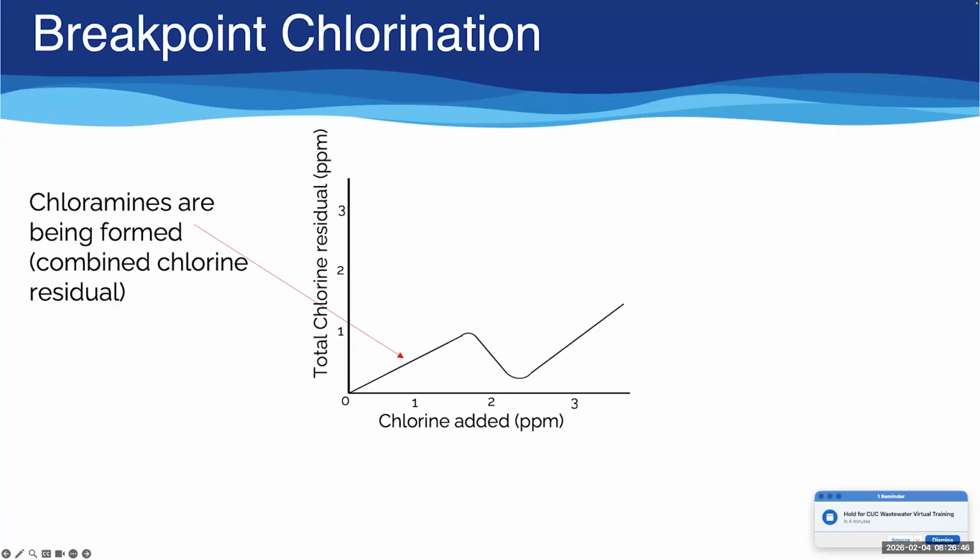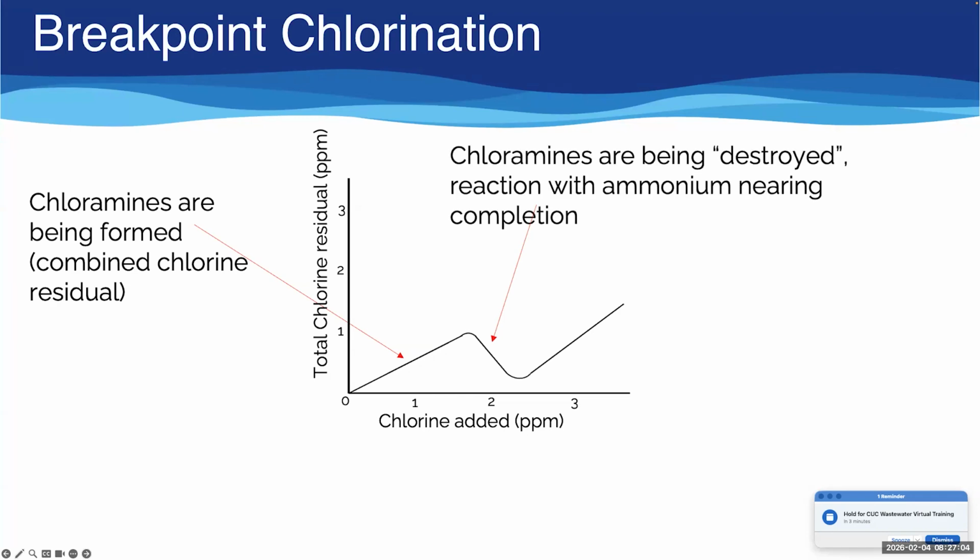But at a certain point, as we add more and more chlorine, we get to this point where the graph turns the other direction, and chloramines are actually being destroyed. So the reaction with the ammonium is nearing completion. And then that gets to this dip, this bottom point, which is called the break point.